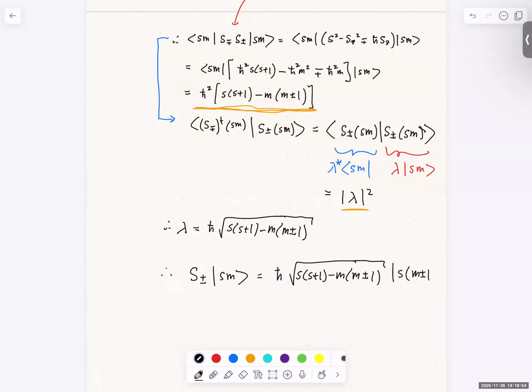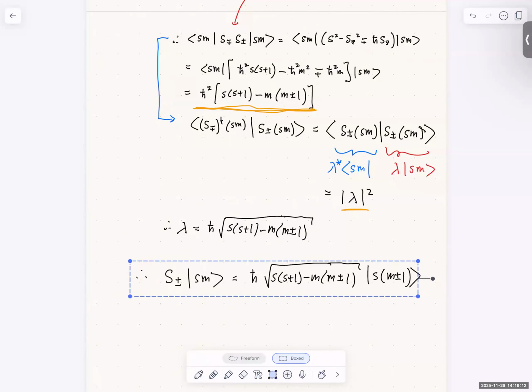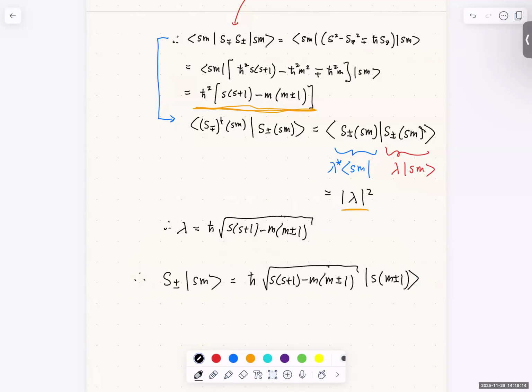I shouldn't say that. The raising and lowering operator changes the value of m by plus 1 if it's the raising operator, minus 1 if it's the lowering operator. Okay, so that's one of the results. This works for orbital angular momentum as well. And so here it is.